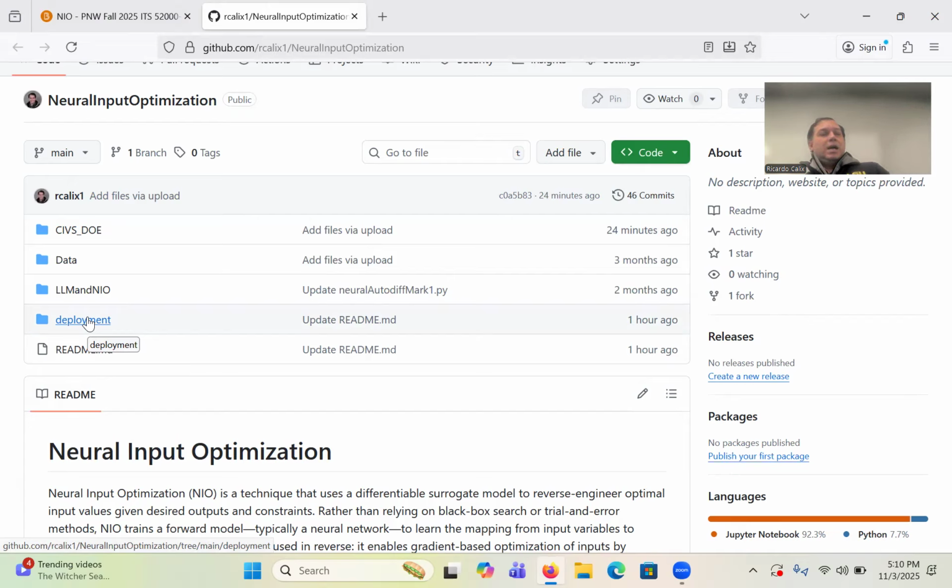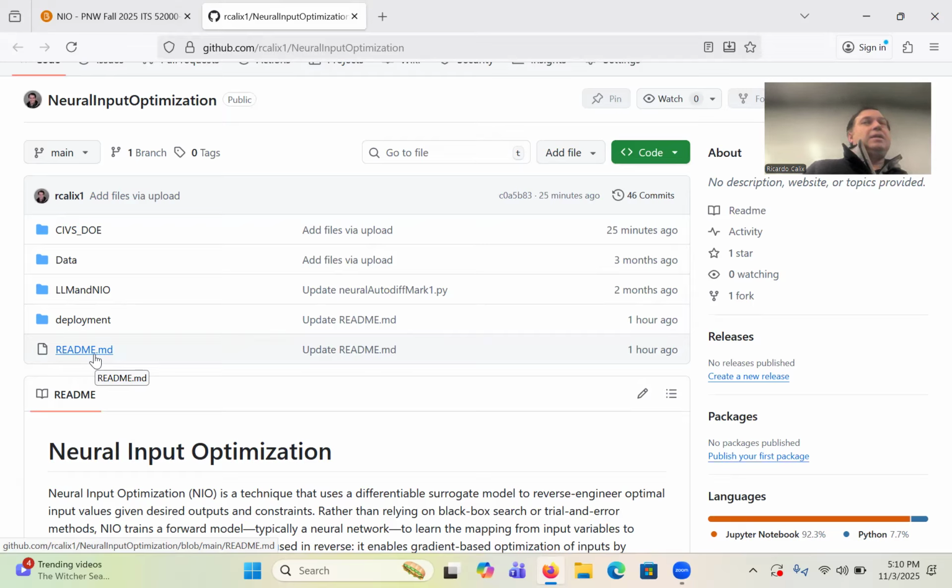But NIO does not easily deploy via ONNX, and you need to understand why. That's one of the things we're going to discuss. I have a suggestion for something called FastAPI. I don't know if you've ever tried it, but that's a potential solution.